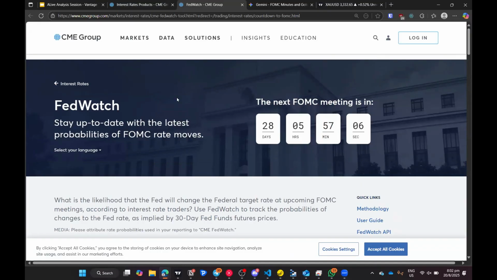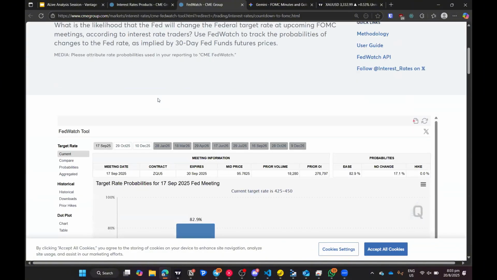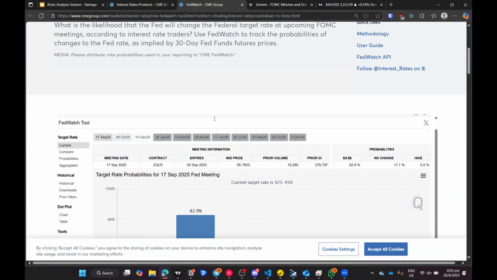But today, the focus will be on the FOMC interest rate decisions. Today will be the FOMC minutes, which will give us an insight into what's going to happen on the 17th of September.